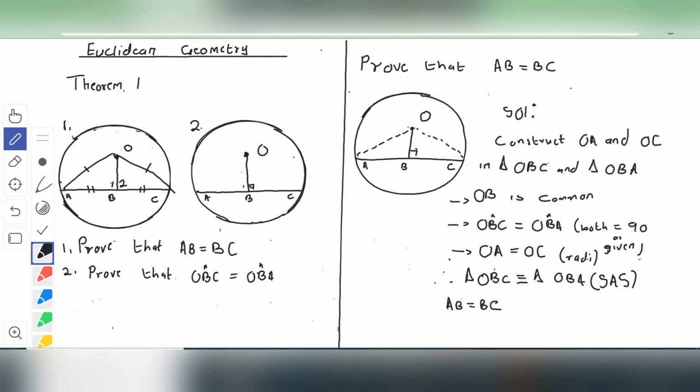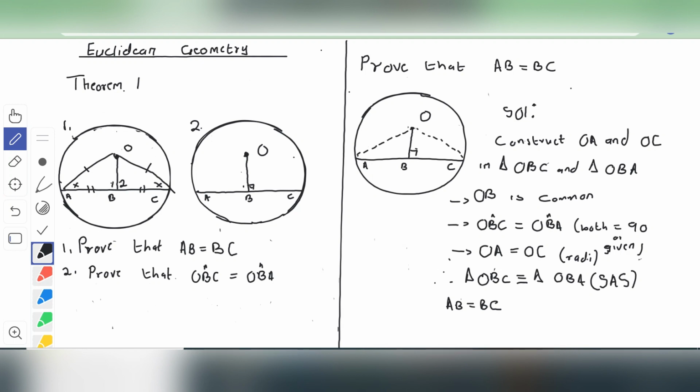An isosceles triangle, meaning this angle here is going to be equal to this angle. So it is important, guys, whenever you are solving questions of Euclidean geometry, to construct if you need to, but don't construct a lot because it's going to confuse you. You can construct like you're proving that AB is equals to BC.